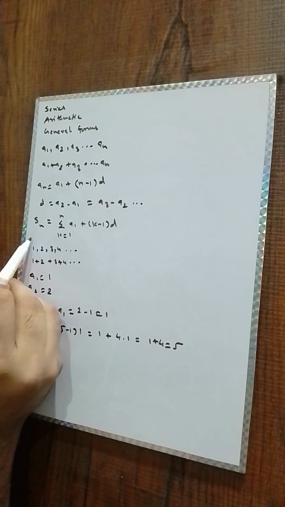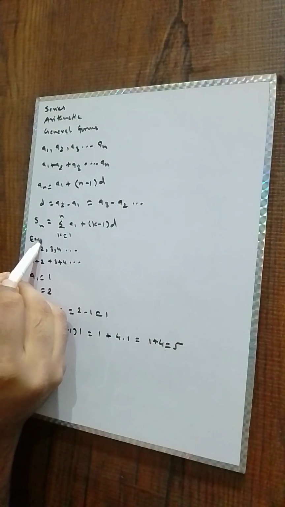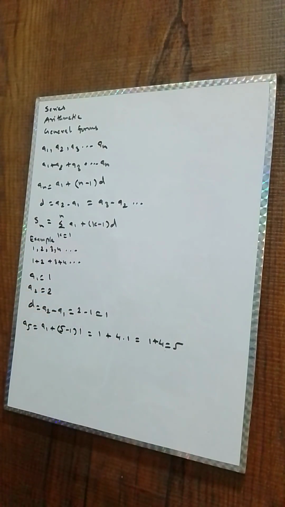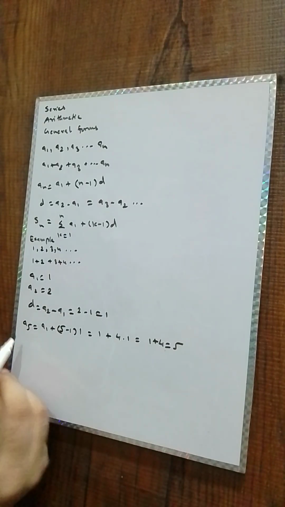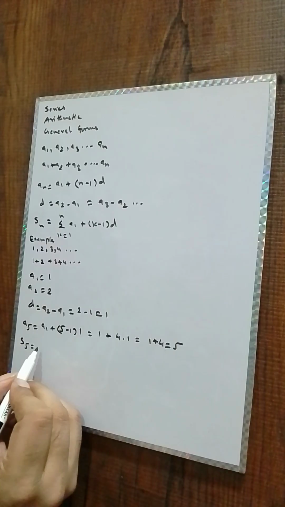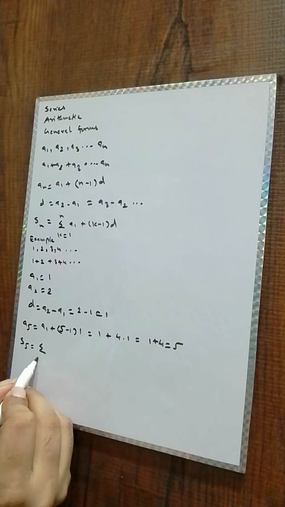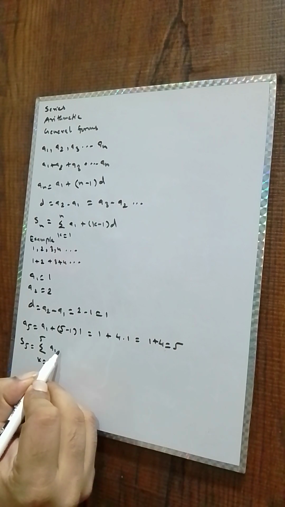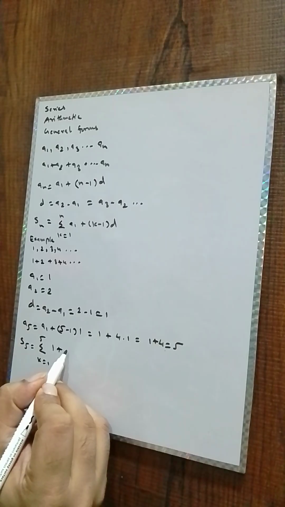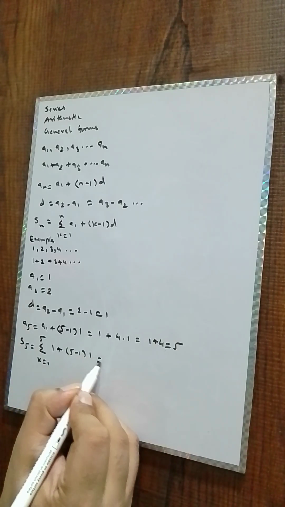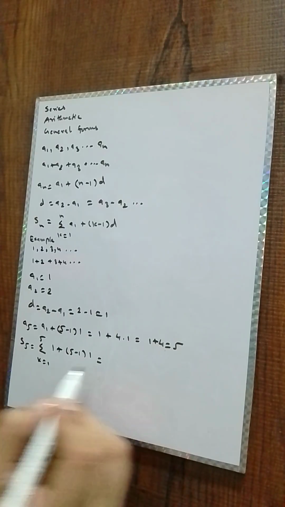So this is an example with numerical values, and if you are to find the sum up to 5 terms, the summation will say k is equal to 1 up to 5 of a1 plus k minus 1 into d, which is 5 minus 1 into 1.